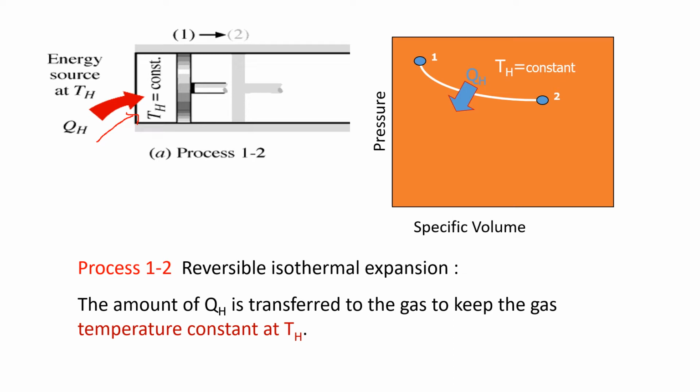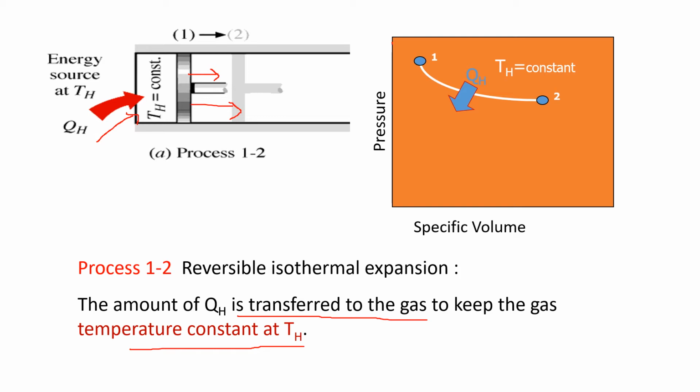You put the heat inside, and the piston will go backwards, and the amount of heat is transferred to the gas to keep the gas temperature constant at TH. The piston will move backwards. So by giving heat, this heat will make the piston move, and it's actually giving work.